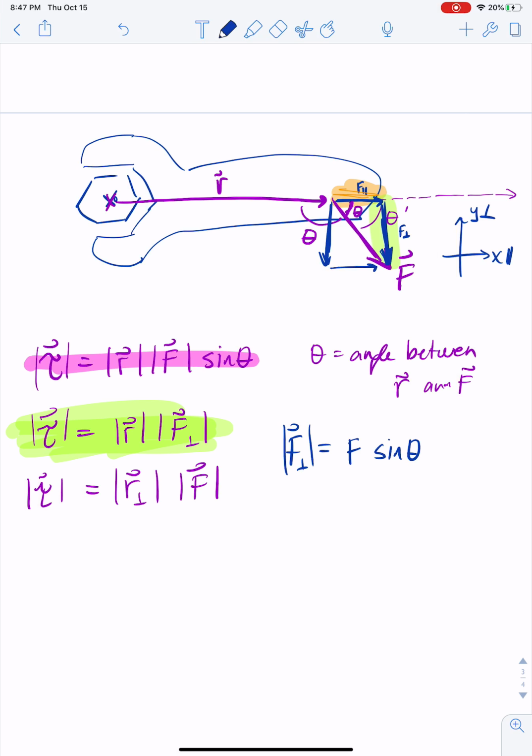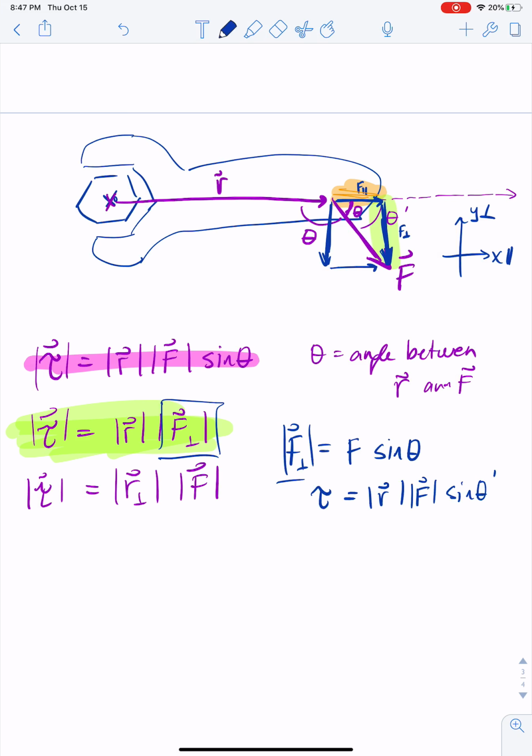Okay. So this second approach, if I plug in for my perpendicular force here, I've got F sine theta. So the same thing I found in the top. And I've used sine theta prime over here, but those are the same, remember? So sine theta and sine theta prime are the same, okay?